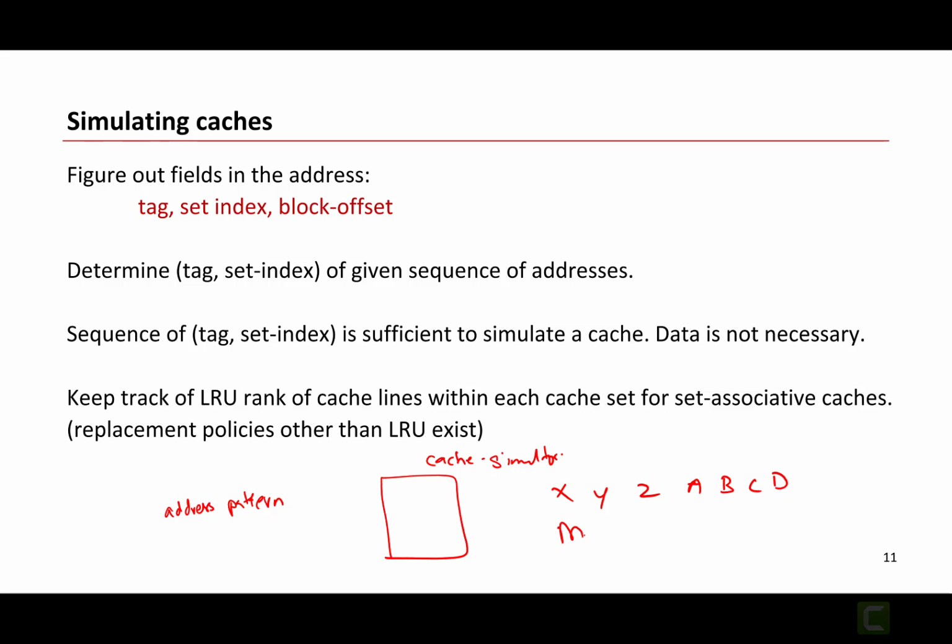I'm just randomly assigning these roles; they don't have any meaning. But basically, a cache simulator for a given address pattern will be able to say which of these addresses hit or miss. So this is the address pattern, and the cache simulator computes whether each address in that sequence is a hit or a miss. That's what a cache simulator does for a given cache configuration.